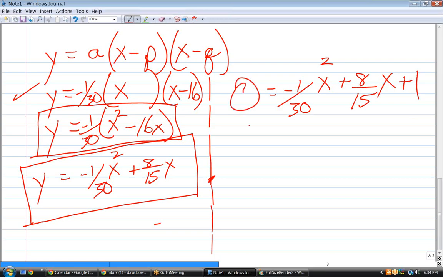I had it set to negative 1, but then I took the 1 over to the other side, leaving 0. Because what we're trying to solve for is when that parabola is going to have a height of negative 1. And we do that by solving this quadratic equation.